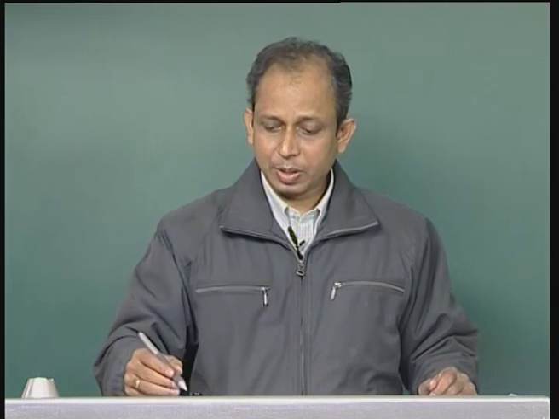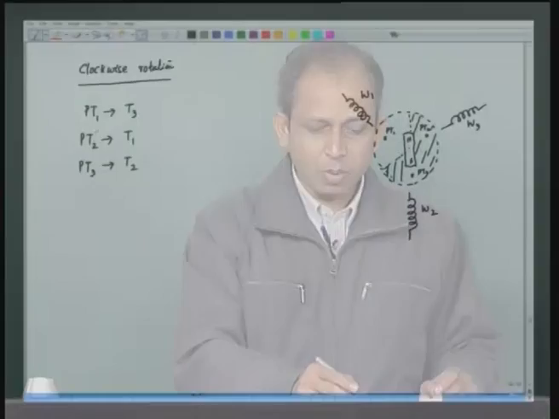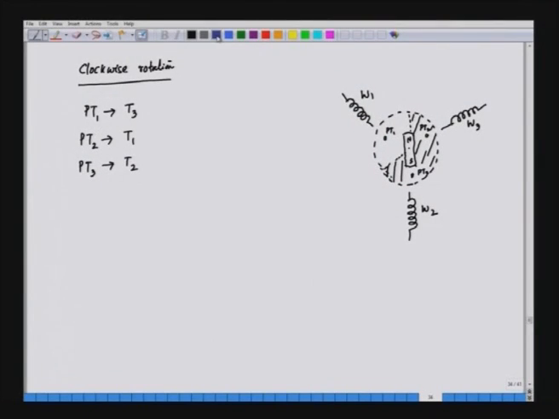We have 3 windings in this case and we were discussing the clockwise rotation. In the clockwise rotation, the phototransistors will be connected like this, that PT1 will be connected to T3.